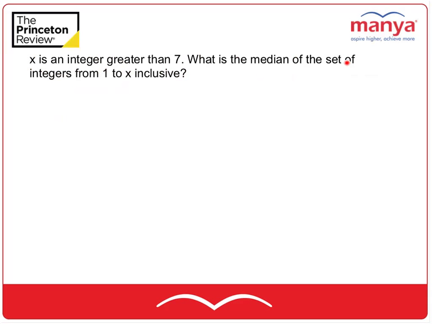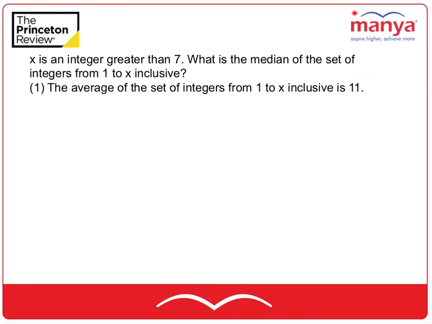What type of question is this going to be? Are we going to have options or is it a data sufficiency question? Yes, the data is required. Correct. The first statement: the average of the set of integers from 1 to x inclusive is 11.